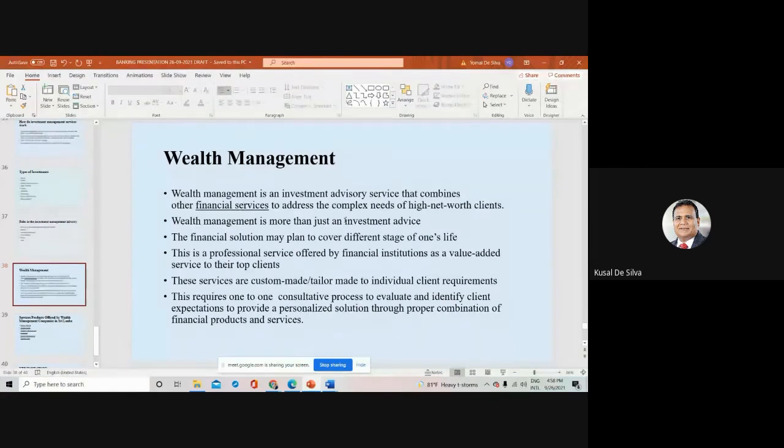Therefore, these services are very, very important, and very high professional competencies are required. This is a consultative process to evaluate and identify clients' expectations, to provide personalized solutions through a proper combination of financial products and services.